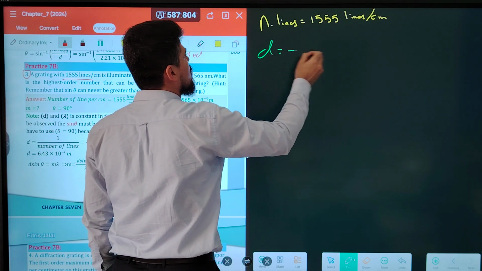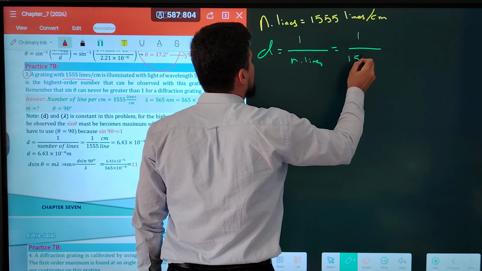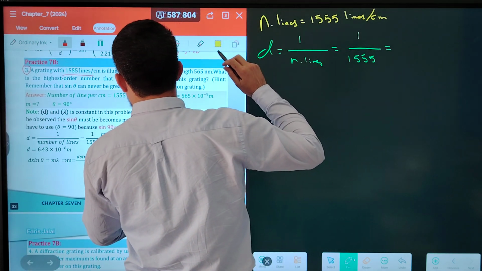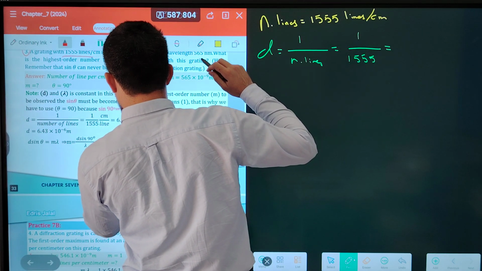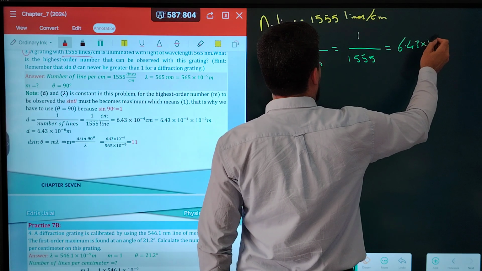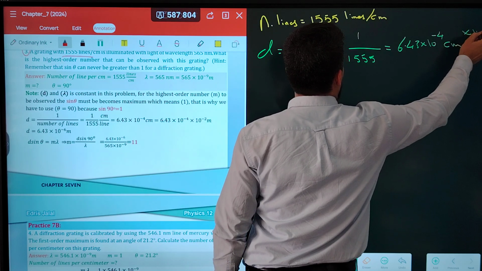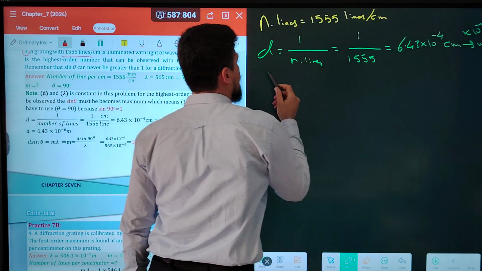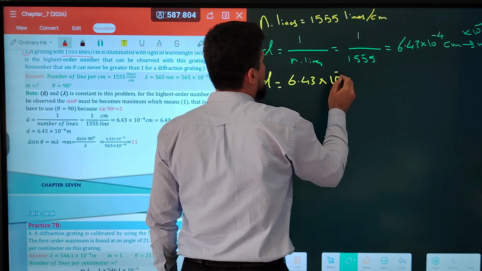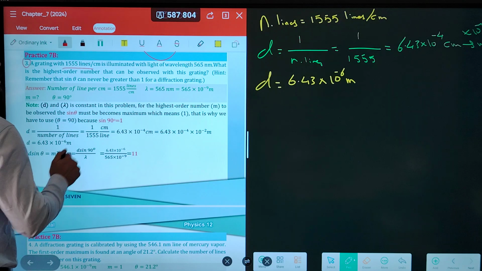Convert to distance: d is equal to 1 over the number of lines, 1 over 1555, which is equal to 6.43 times 10 to the power negative 4 centimeter. Convert to meter, multiply by 10 to the power negative 2. So d is 6.43 times 10 to the power negative 6 meter. This is the distance between the lines in this grating.